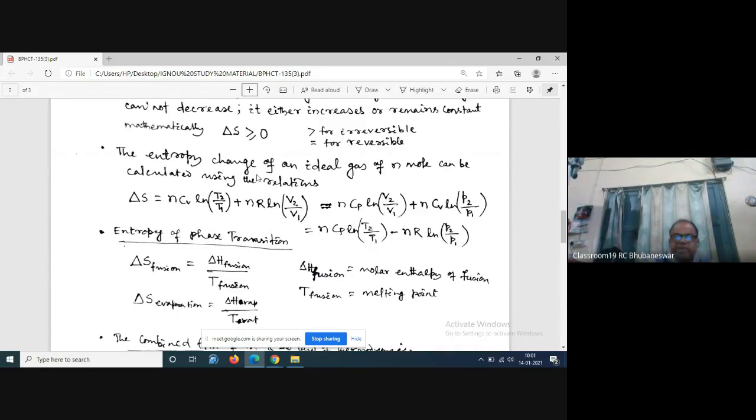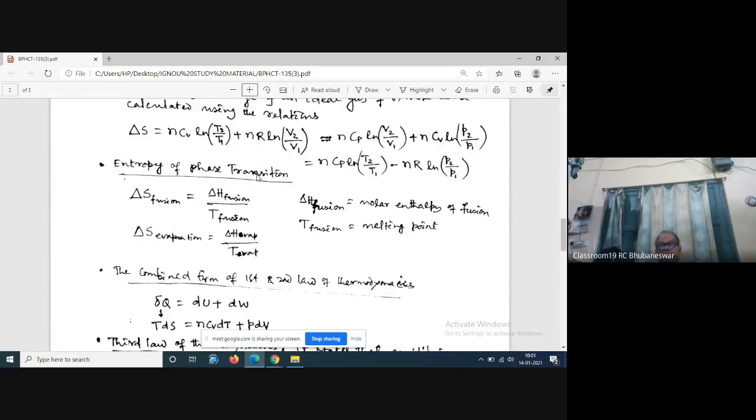Entropy of phase transition. We know matter exists in three states: solid, liquid, and gaseous state. Other states are also there, the fourth state, fifth state, but generally we observe the three states: solid, liquid, gaseous.